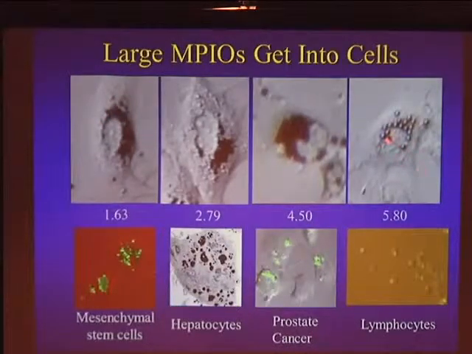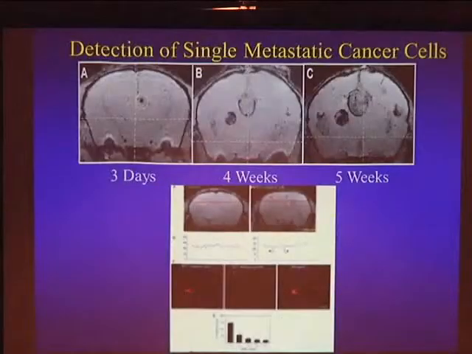Eric went up to 10 microns. Here's 5.8 micron particles where they look like bowling balls. And we've been able to label just about every cell type we've tried to label. Here's mesenchymal stem cells and prostate cancer cells. And so the nice thing about this is one micron particle is a million nanoparticles. And so just getting a couple of particles means we've got enough iron to see the cells quite robustly.